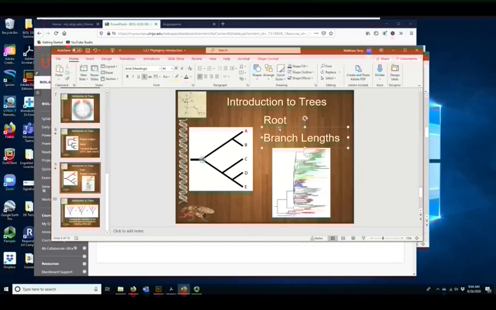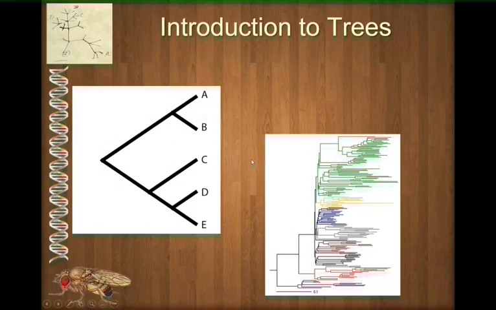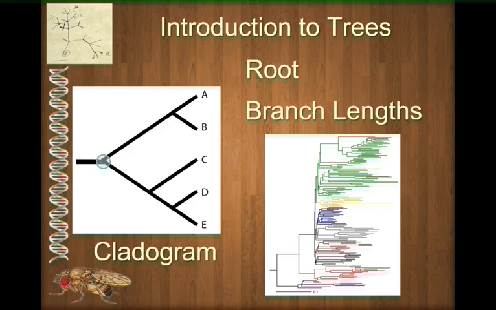Okay, so a cladogram is a phylogeny that represents only the relationships. The branch lengths are there just for separation and they don't convey any information. That's a cladogram. It's a form of a phylogeny.